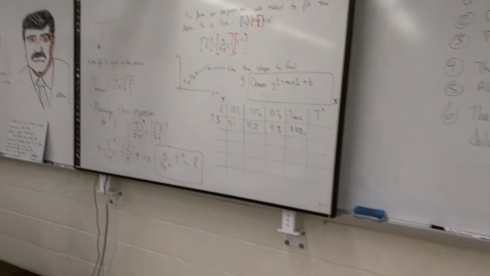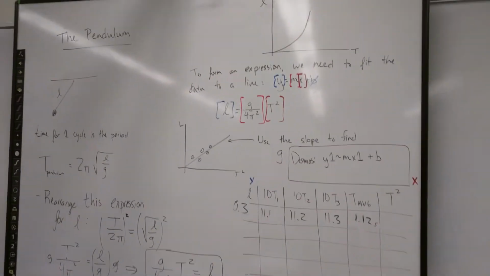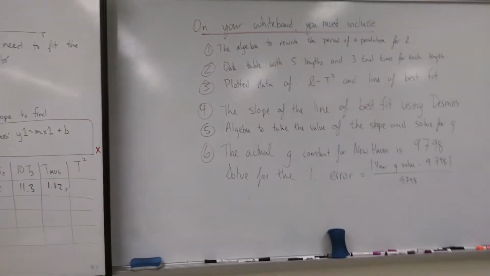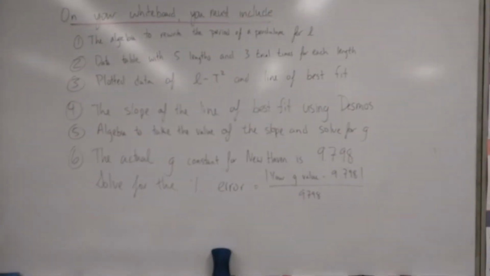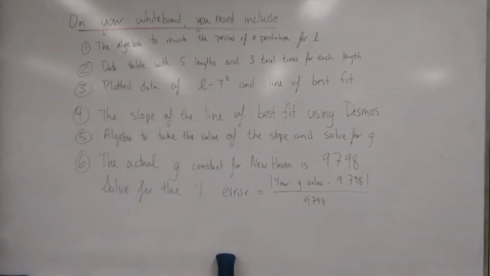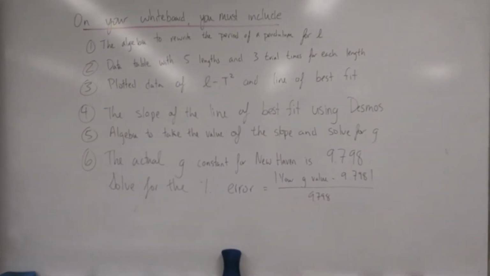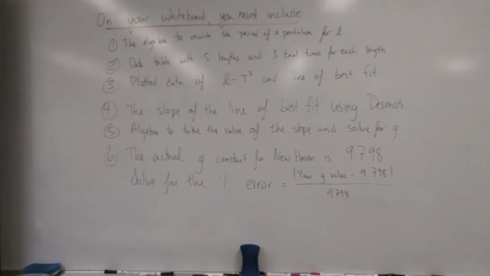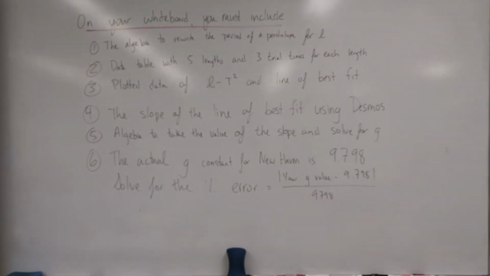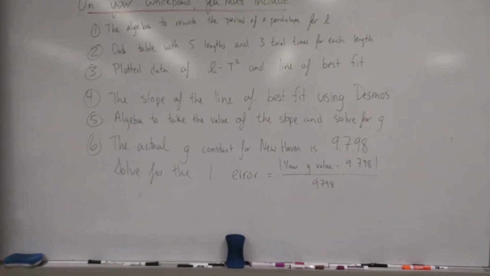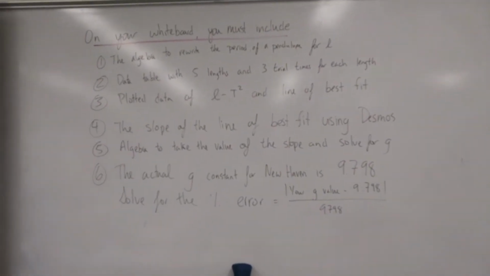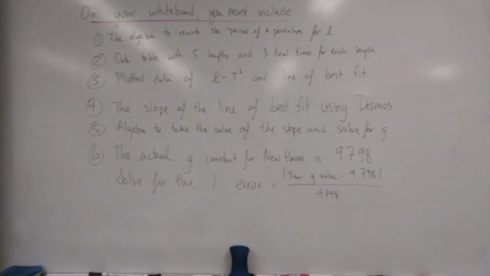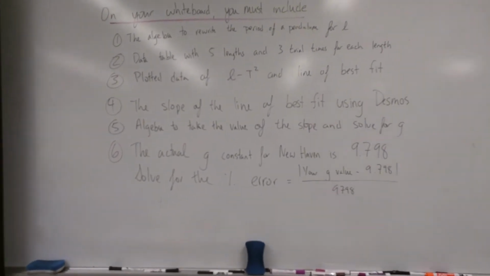Make sure that on the chart you circle the data points so it's very clear where your data points lie. Then you're going to find the slope of the line using Desmos or another linear regression app. Finally, do some algebra to get the actual value for g, and then compare that to the actual g constant for New Haven, which is 9.798.